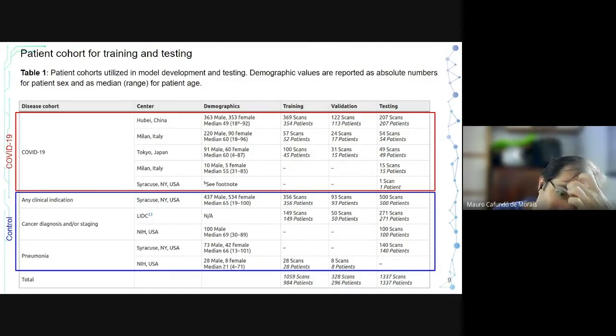Meaning that they train and classify based on patient, and they also train the classification based on the image, which increases the model performance because you have higher variability in the data. Specifically, they excluded one data set. I can't remember exactly why, but we can look later at the discussion.